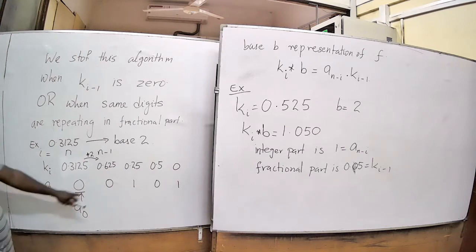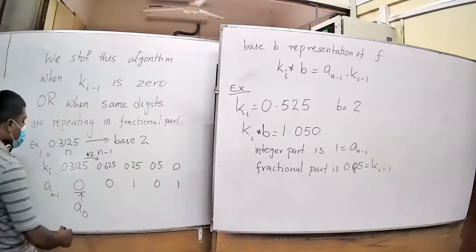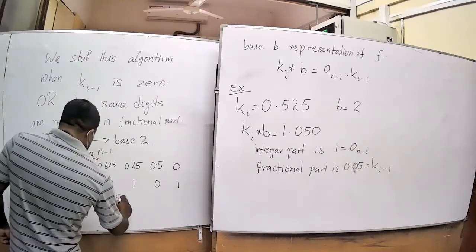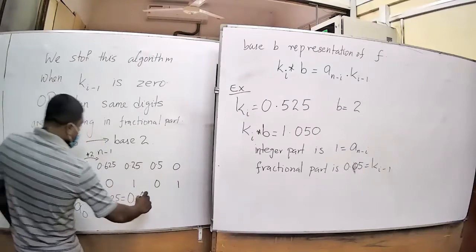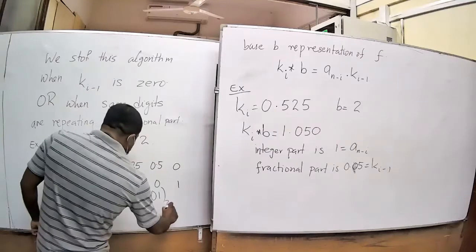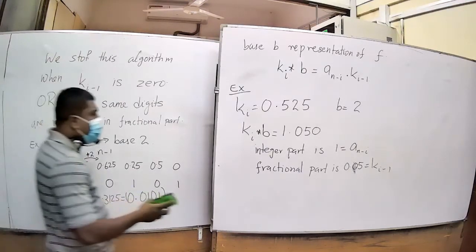So this is your a_0, a_1, a_2, a_3, a_4. That will be your fraction, so 0.3125 is basically 0.0101 in base 2. This is how you see the transformation. I will give you a repeating digit example as well.